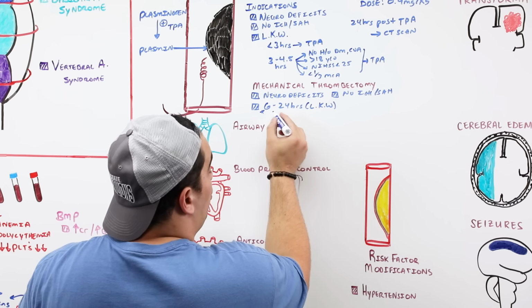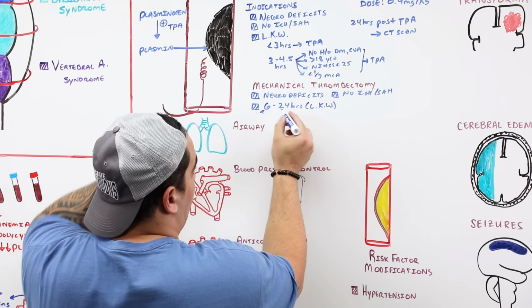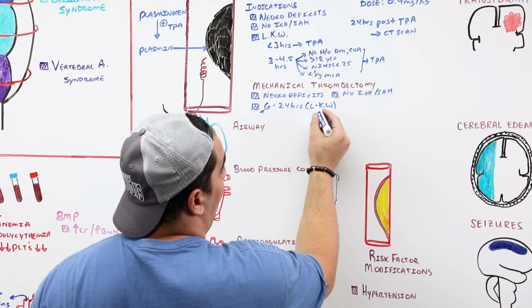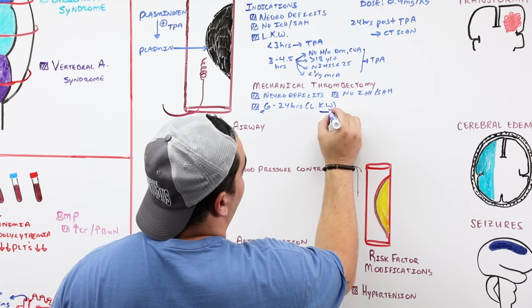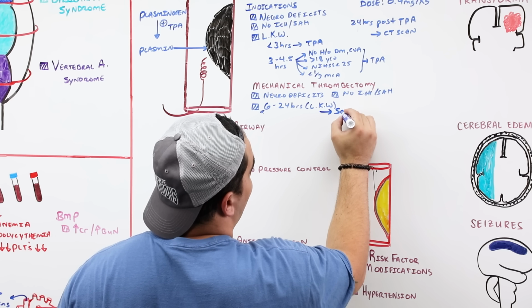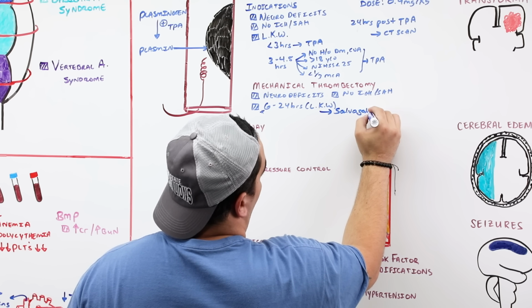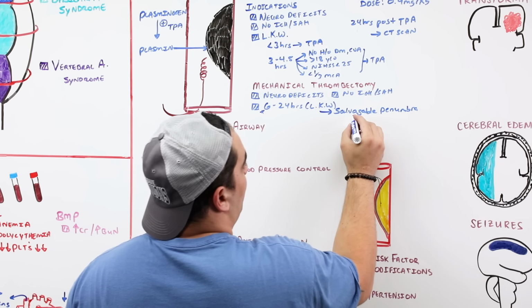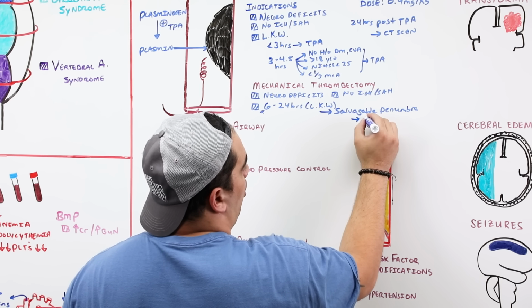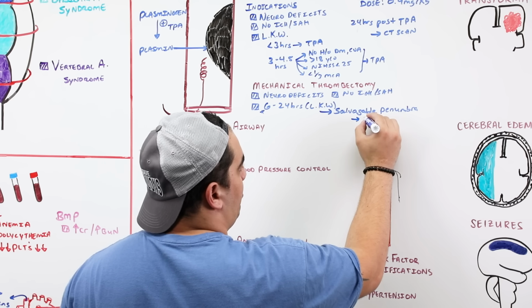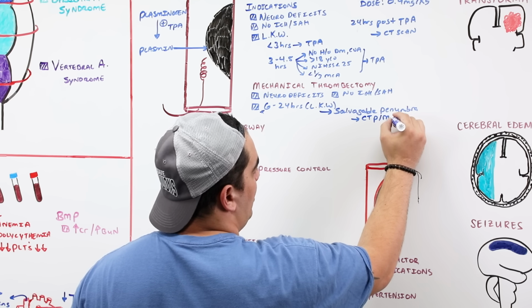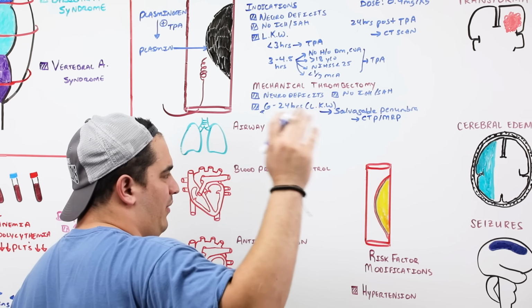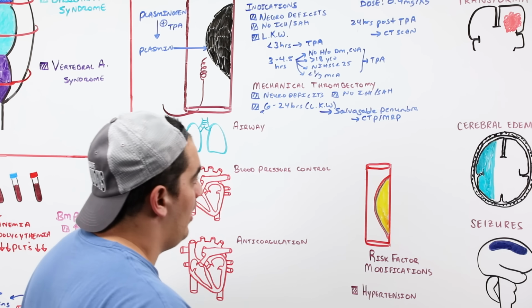If you start pushing towards longer times, close to the 24-hour range, we want to make sure, is there a salvageable penumbra? Such a weird name, right? This is where sometimes you can use different types of perfusion scans, like CT perfusion, MR perfusion. Sometimes people even use what's called ASPECT scores and things like that.